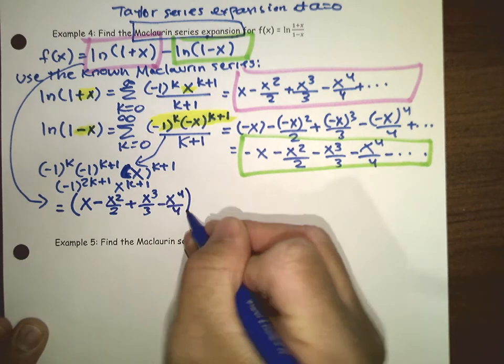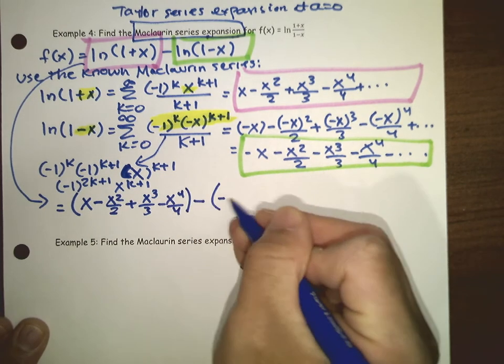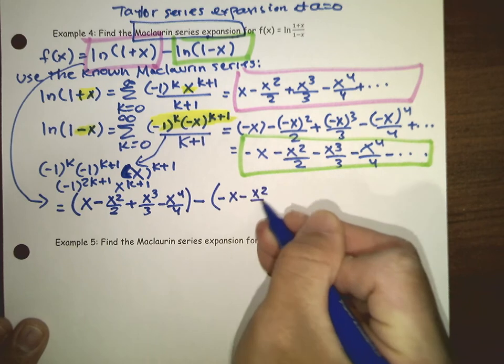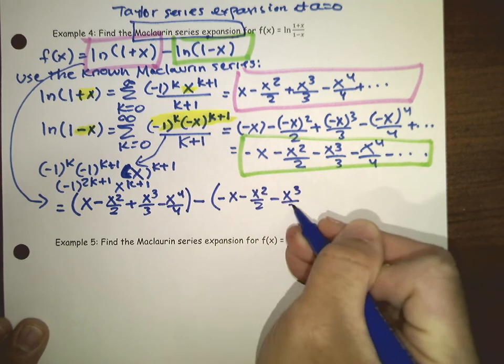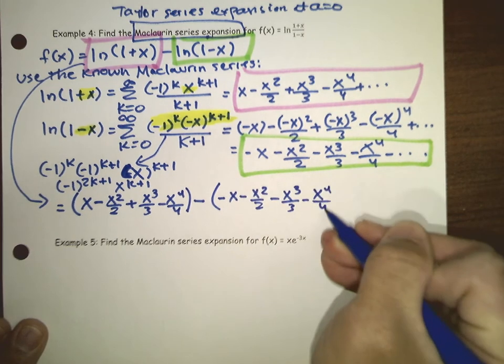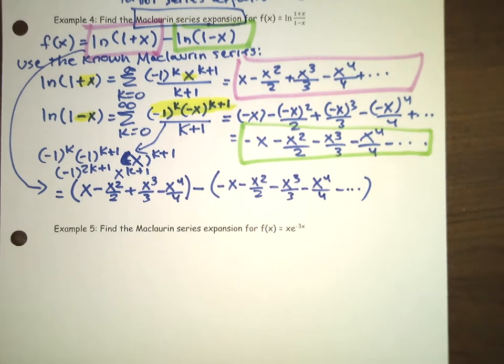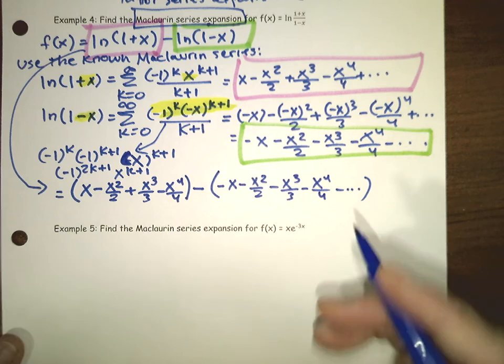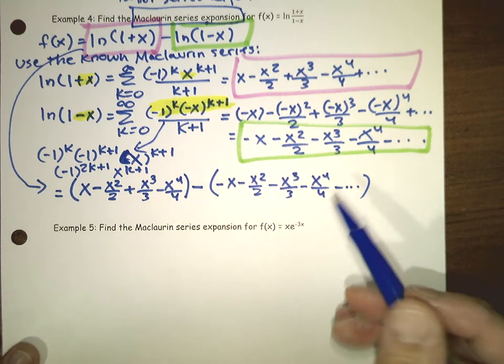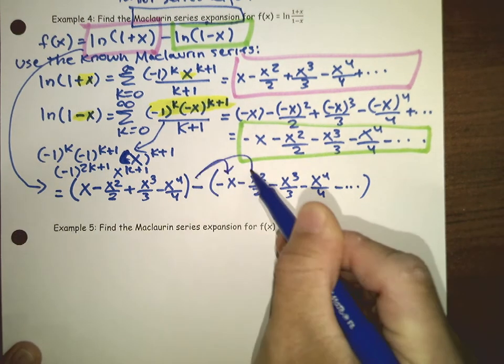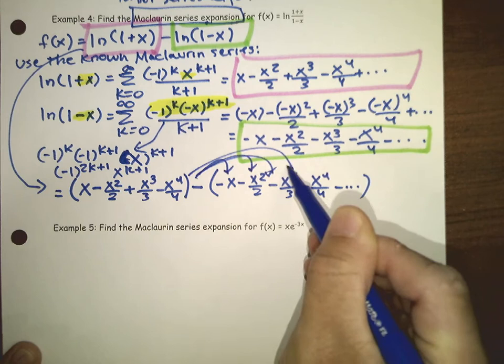And then we have minus a negative x minus x squared over 2 minus x cubed over 3 minus x to the fourth over 4 minus, and so on. So now what I need to do is distribute all of these negatives, so they all become positive.